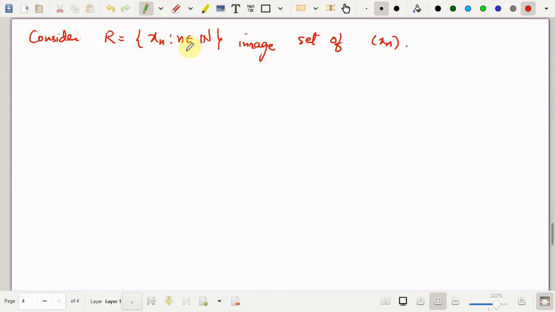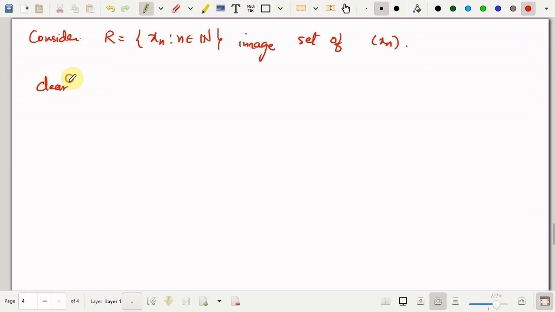What hypotheses are required is that you show that this set is non-empty and that this set is bounded above. It is already mentioned that the given sequence is bounded, so it is bounded above, and R is non-empty because you can find at least one element x1 in this set.